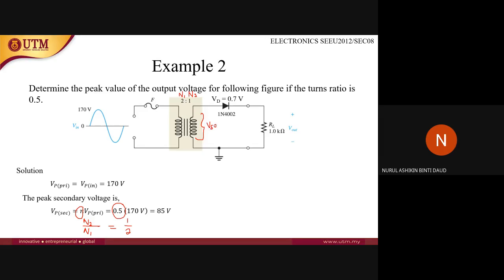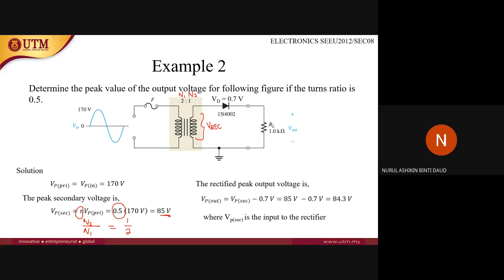Next, you have to consider the diode voltage drop. If you want to get the value of the voltage at the output, V output will be the V peak secondary value, which is here, 85 volts, minus 0.7 volts.